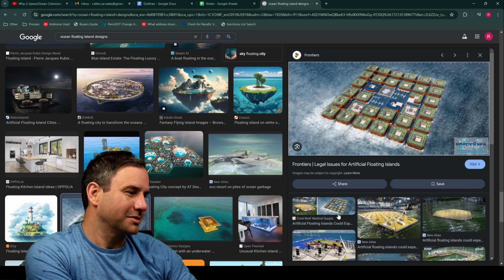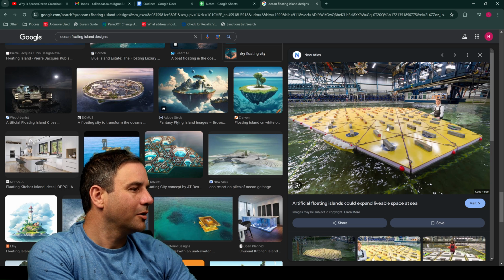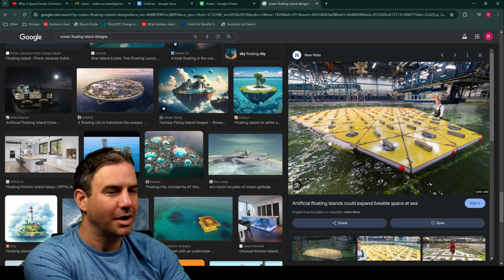Well, let's take a look at this. What is this? Wow, look at that. So this is basically a system of triangles. Oh, okay. So you can see in this image there is basically a mock oil tanker.